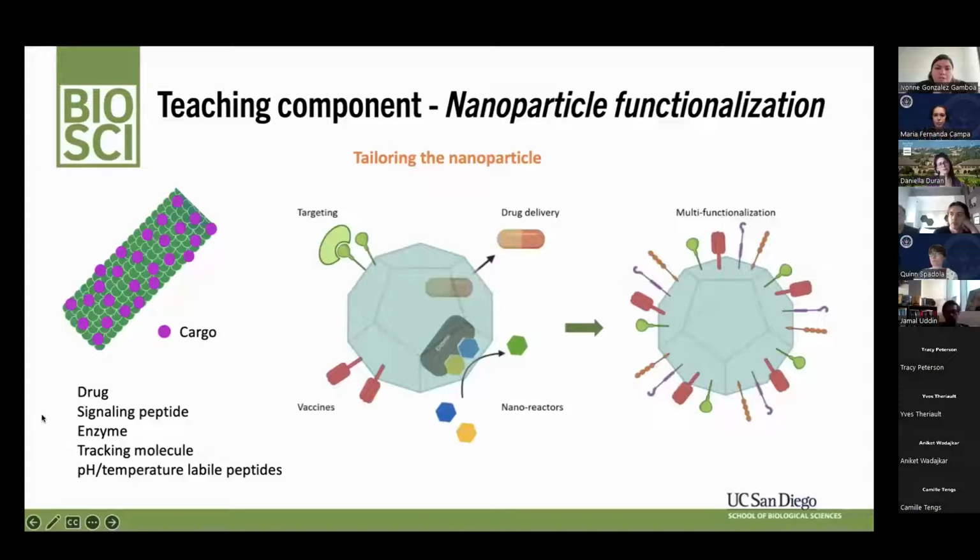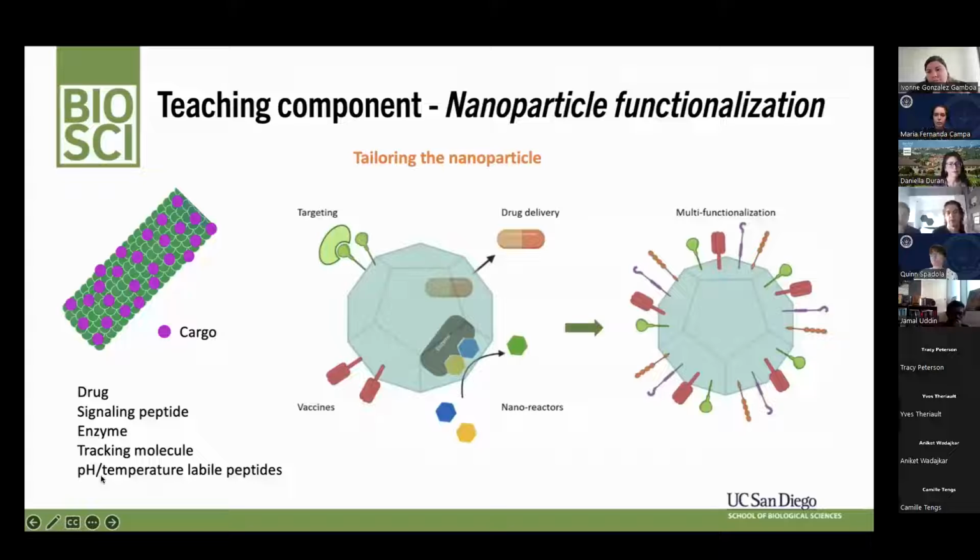And so all of this different stuff that you can tailor the nanoparticle with can also be translated into other fields besides agriculture. You can conjugate an enzyme, build a nanoreactor in order to enhance a chemical reaction, or make a chemical reaction happen. You can have a tracking molecule so that you can follow the nanoparticle and see where it is going, what it's doing.